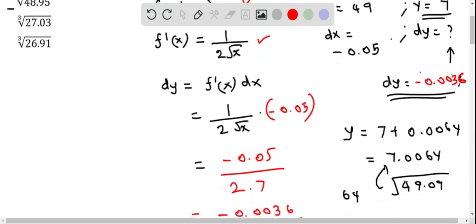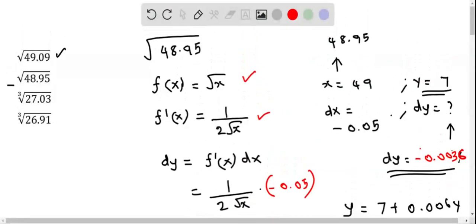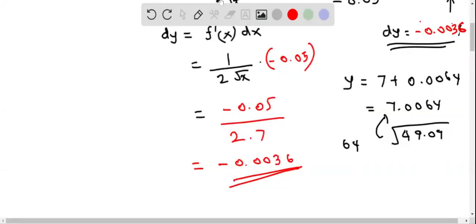Therefore the new value of y, which is the square root of 48.95, is 7 minus 0.0036. So this comes out to be 6.9964.